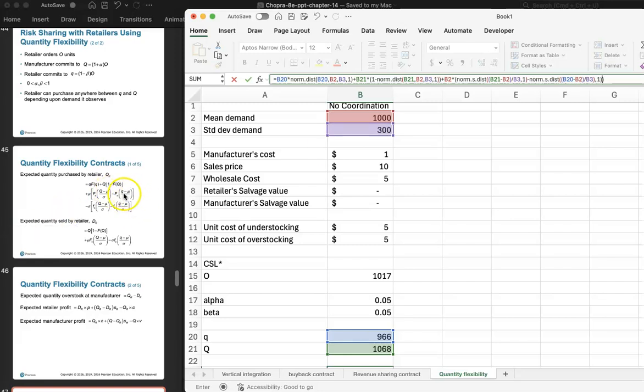So that's this second portion here. Again, it's cumulative. Now we'll do the third portion.